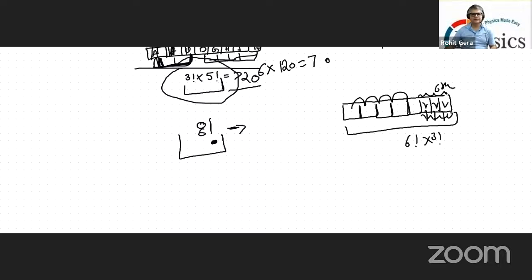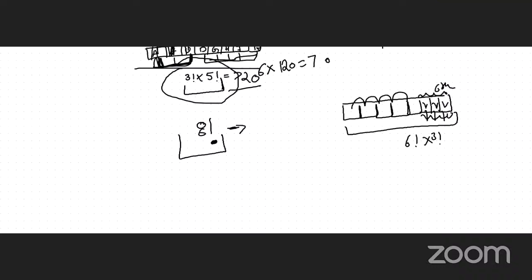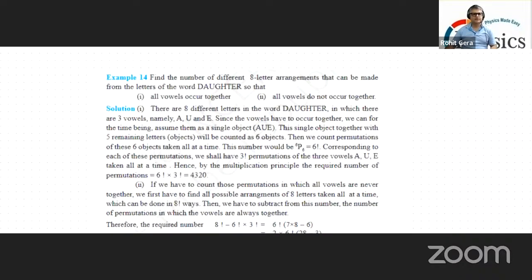I think you are not treating the three vowels together as one, which is the sixth one which gets filled up. So your option to fill it up goes down. Let's say there are 8 different letters, there are 3 vowels, namely A, E, U. Since the vowels have to occur together, we can, for the time being, assume them to be a single object.